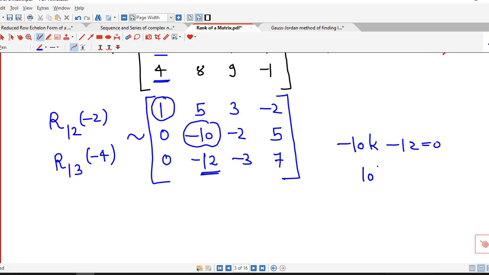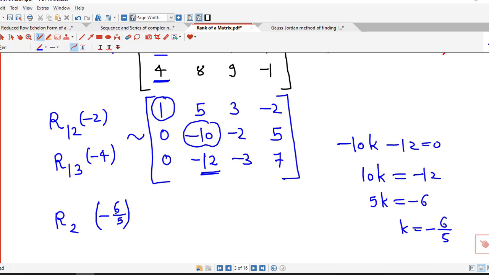That means we must have 10k equal to minus 12, that is 5k equal to minus 6. So we multiply the second row by minus 6 by 5 and add in the third row.